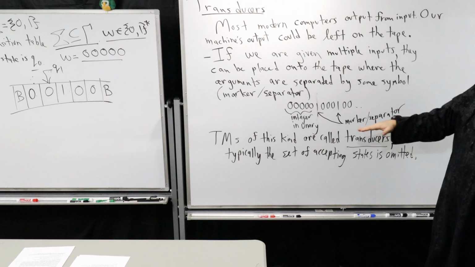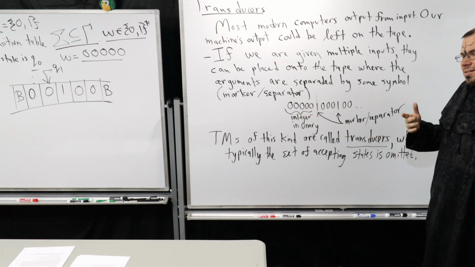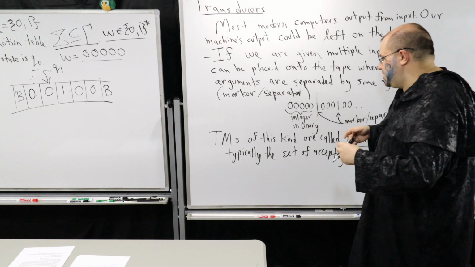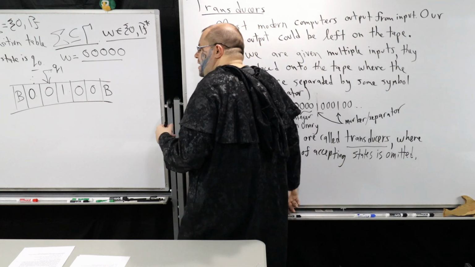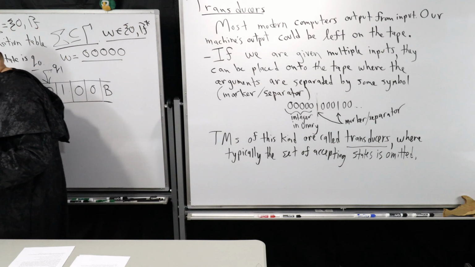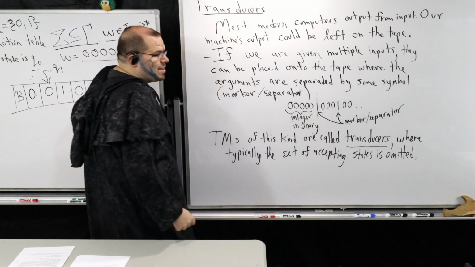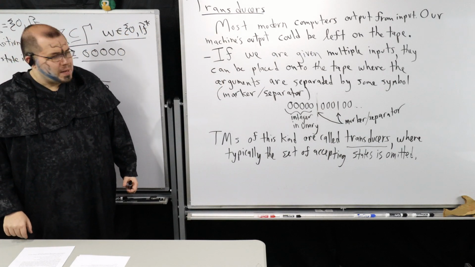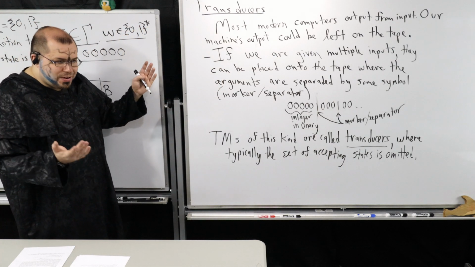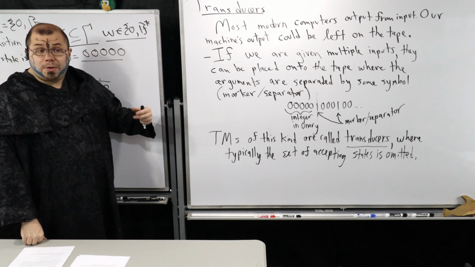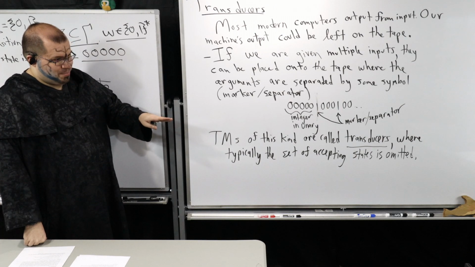Then I'm going to have integer-size blocks, which are all zeros, and these are the number written in unary. For example, here I have 5 zeros, which represents 5. Just like the second block here has 3 zeros in it, which means I'm representing 3. This is just one very simple way of representing numbers or multiple parameters on the input tape.